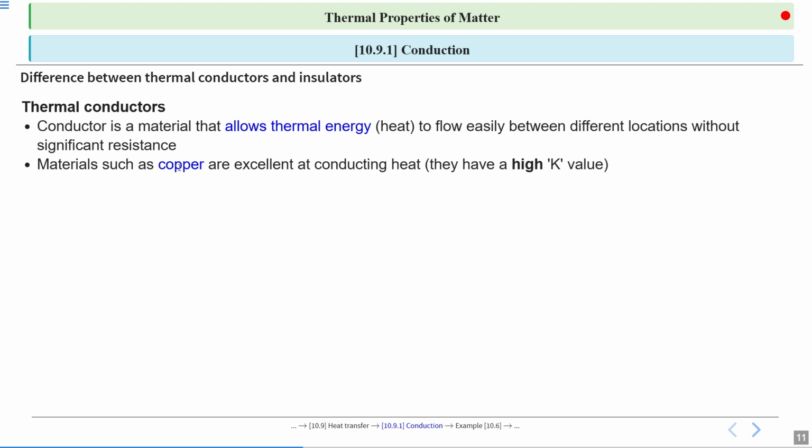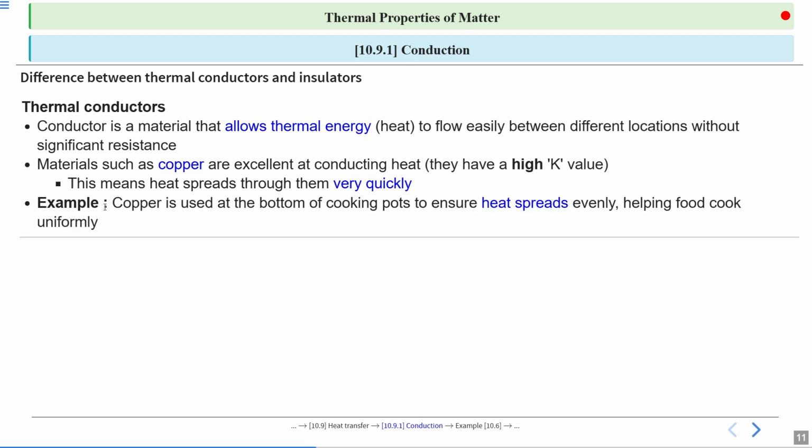Materials such as copper are excellent at conducting heat. They have high thermal conductivity, but copper is too costly. This means heat spreads through them very quickly, so the thermal conductivity value is high. Example: copper is used at the bottom of cooking pots to ensure heat spreads evenly, helping food cook uniformly.